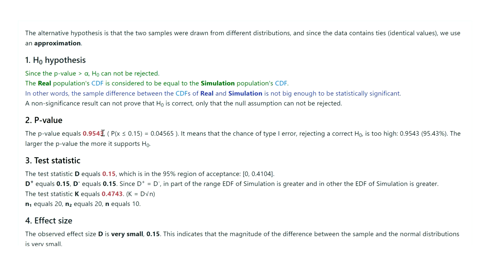The p-value is calculated, so you are able to recognize the specific value, and as usual we need to compare the p-value with alpha. If the p-value is higher, then the main hypothesis is not rejected. As you're able to recognize, this is exactly our case.